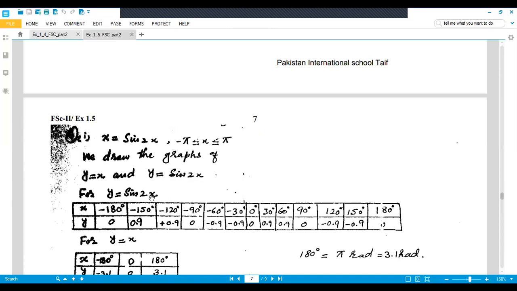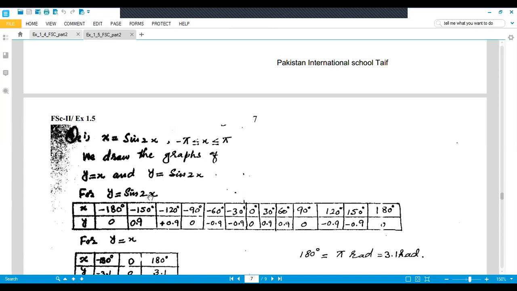When you put x is equal to minus 180, minus 180 multiplied by 2 gives minus 360. With your calculator, you find sine of minus 360, and you will get 0. When you put x is equal to minus 150, minus 150 multiplied by 2 gives minus 300. Sine of minus 300 gives 0.9.